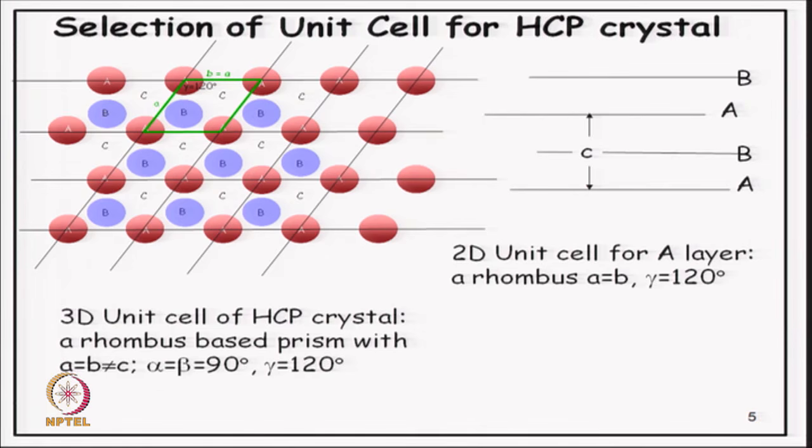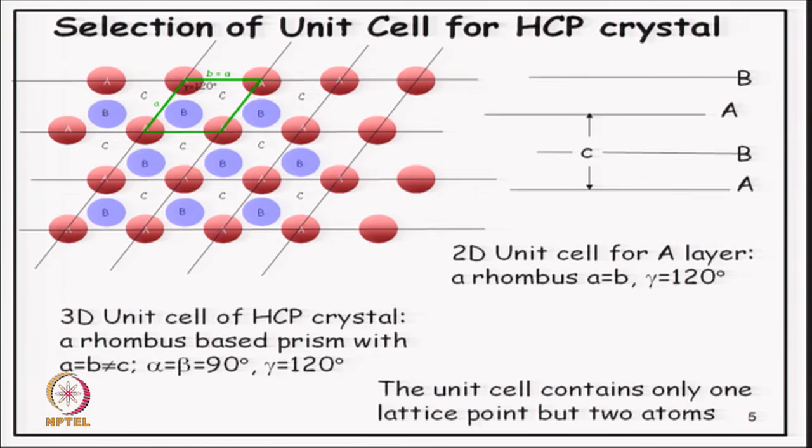So, this, as we know, is the conventional unit cell of a hexagonal lattice, and that is what we have selected for our hexagonal close packed structure. But it is important to keep in mind that this unit cell contains only one lattice point, but 2 atoms. We will look at this in a little bit more detail in the next slide.